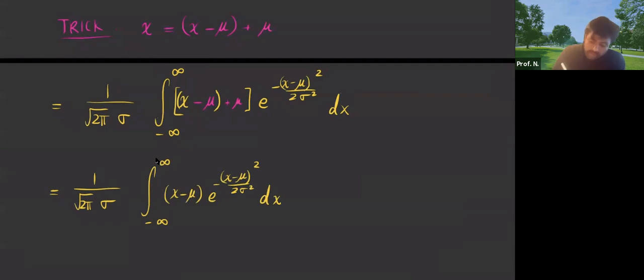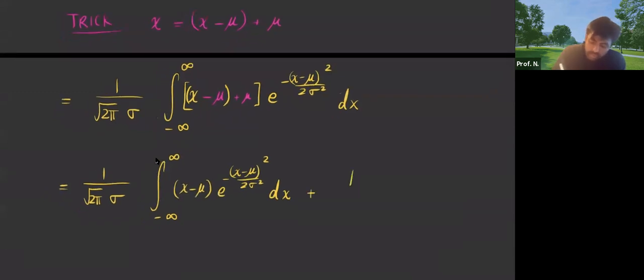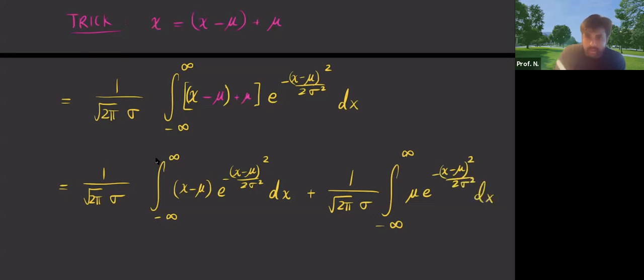And then I'm going to have the same thing plus 1 over the square root of 2 pi sigma integral from negative infinity to infinity of mu e to the negative x minus mu squared over 2 sigma squared dx.